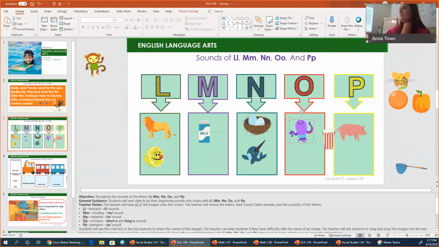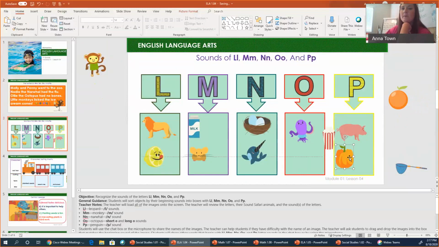Right here, what about this picture? A picture of a mouse. In the M category. Mouse, M. What about a picture of a pumpkin? Pumpkin.